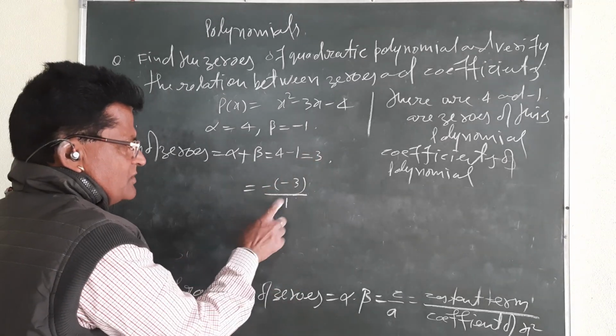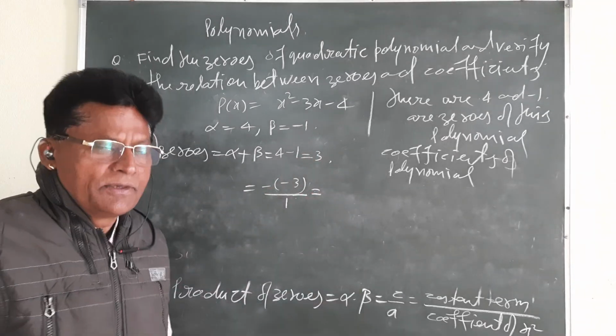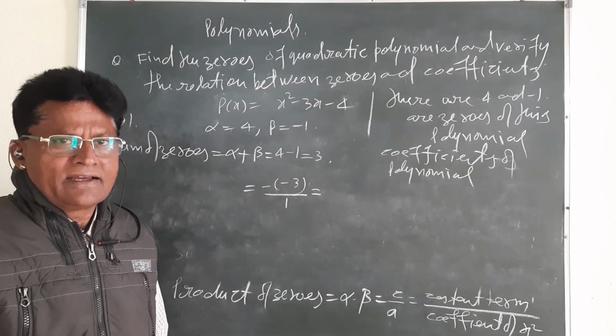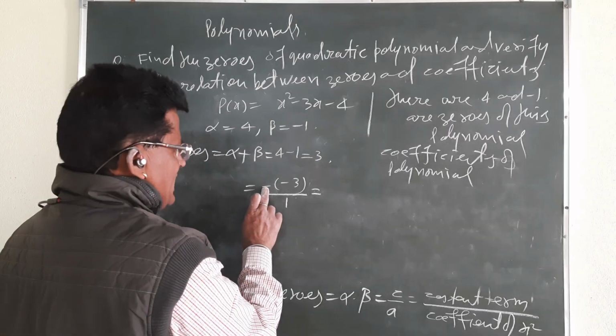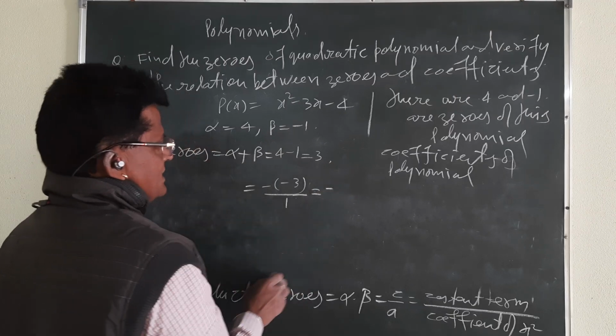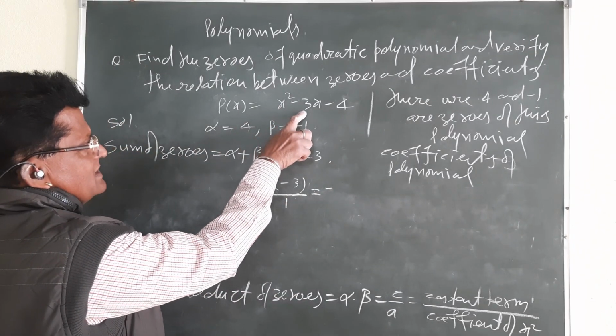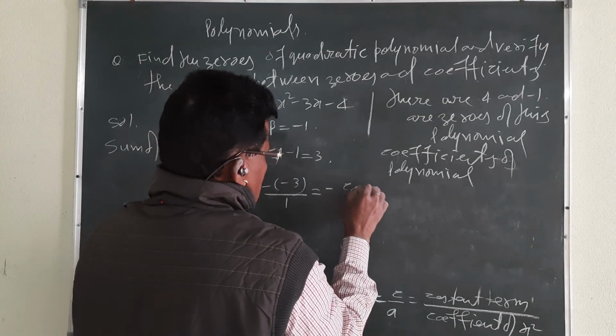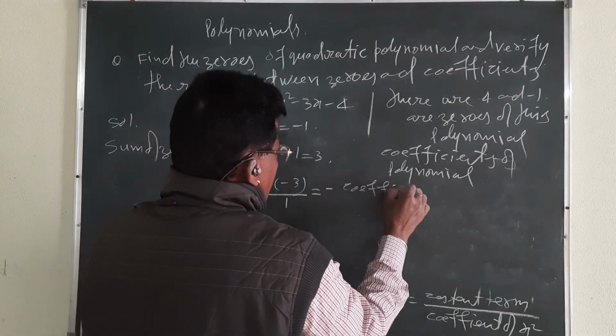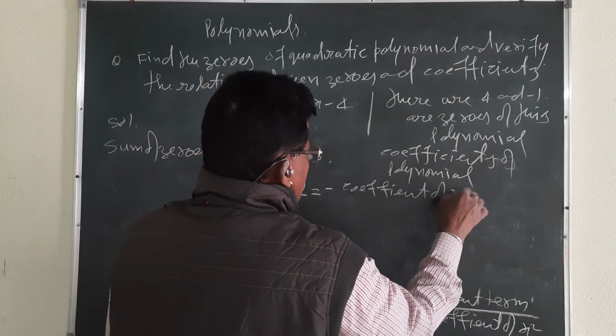I have changed it into this form because I want the relation between zeros and coefficients. Sum of zeros will be equal to what? Negative sign as it is. Minus 3. Coefficient of x.